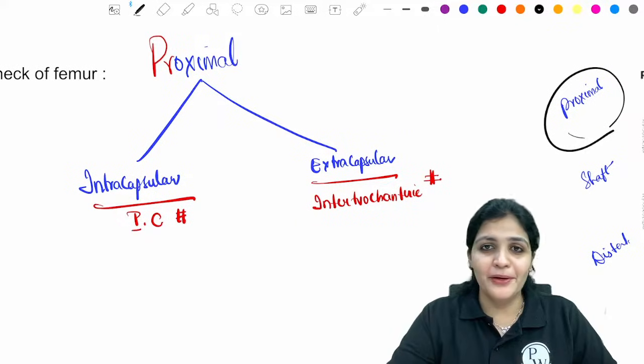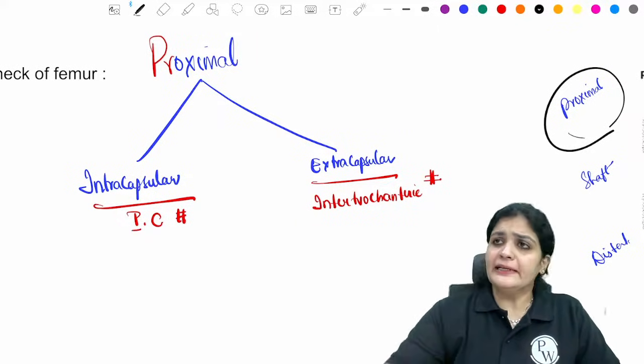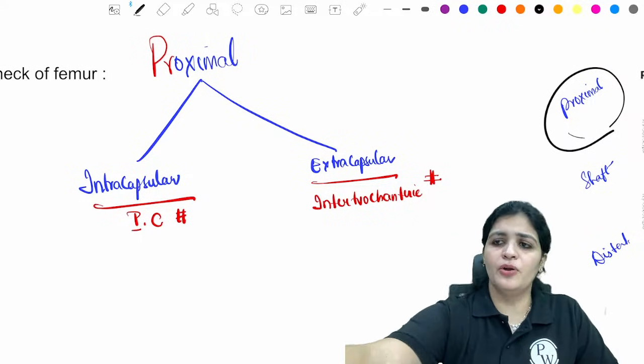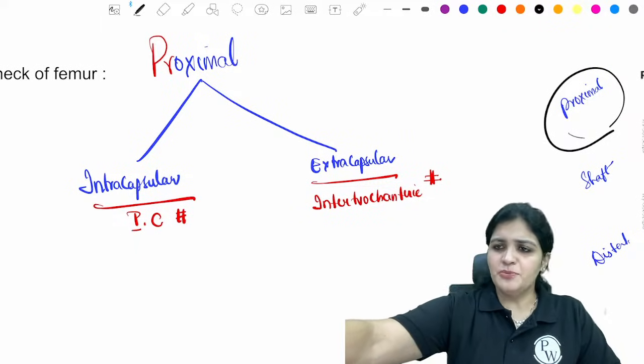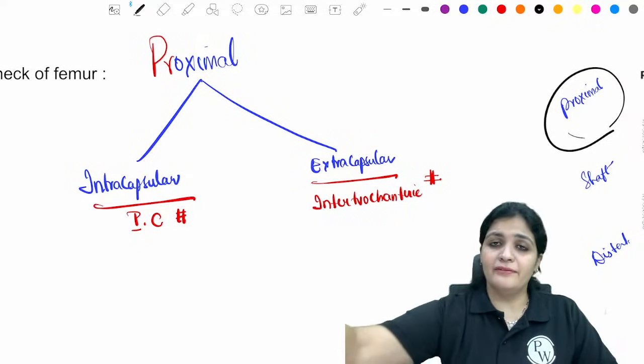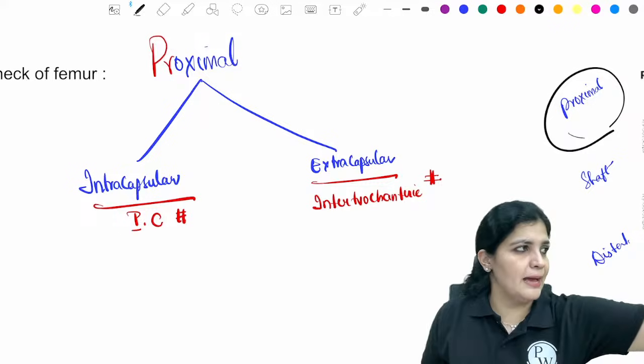Unfortunately, there is no single book, but I think Maheshwari is sufficient for you all. If you still want to read more and more, you can go for Apley's, but Maheshwari is good up to this level. Otherwise, you can go for Apley's, but that is a huge book. I'll show you how thick Apley's is.